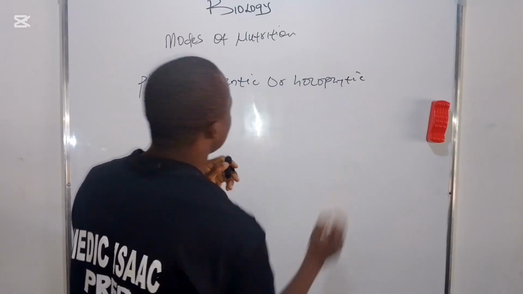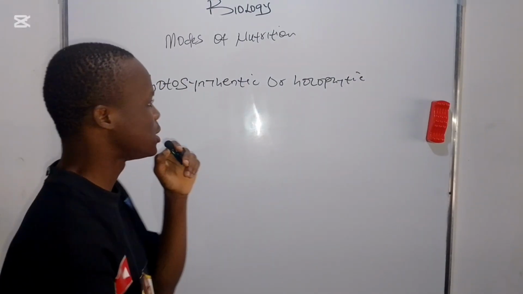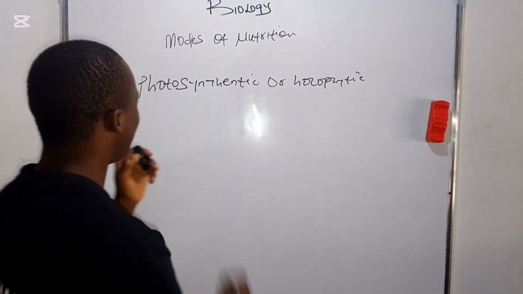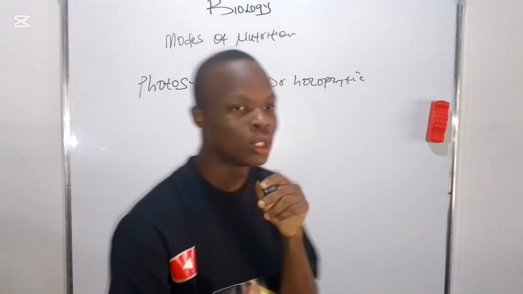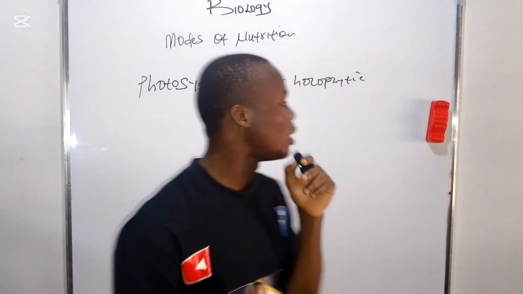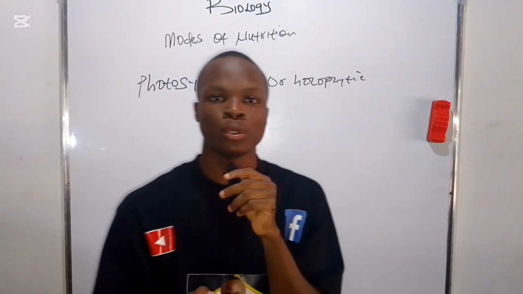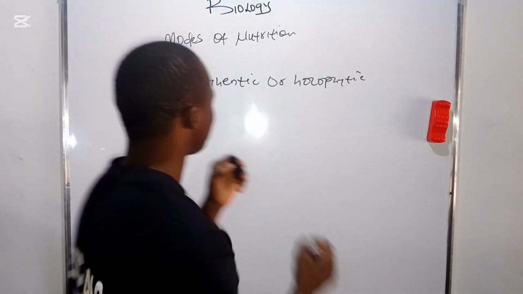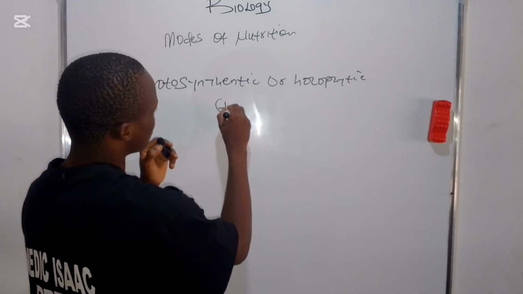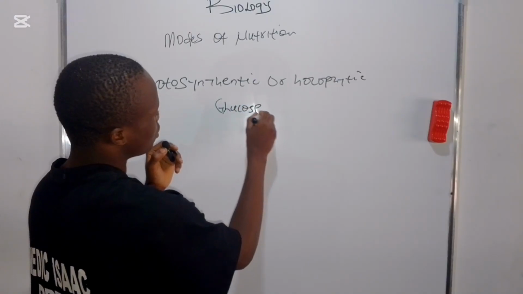Now, what is this photosynthetic or holophytic nutrition? It is the kind of nutrition where green plants are able to manufacture their own food. In this scenario, the food is called glucose.